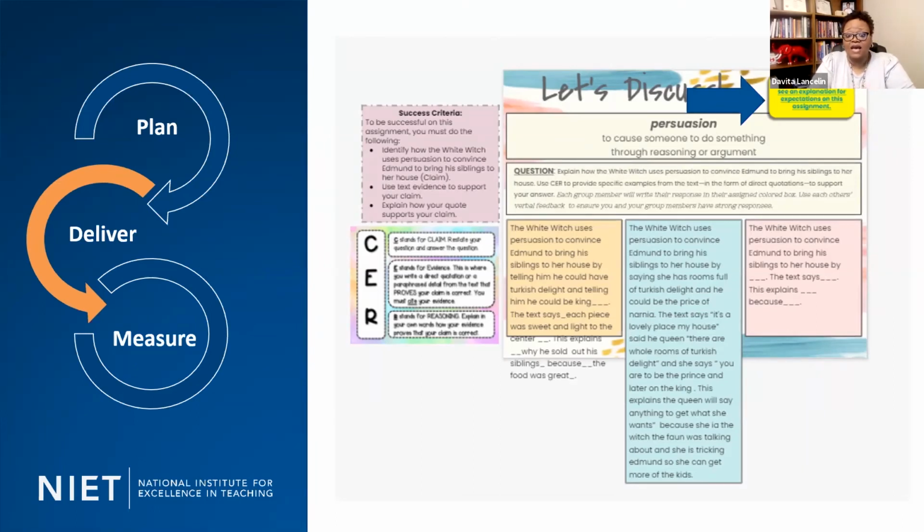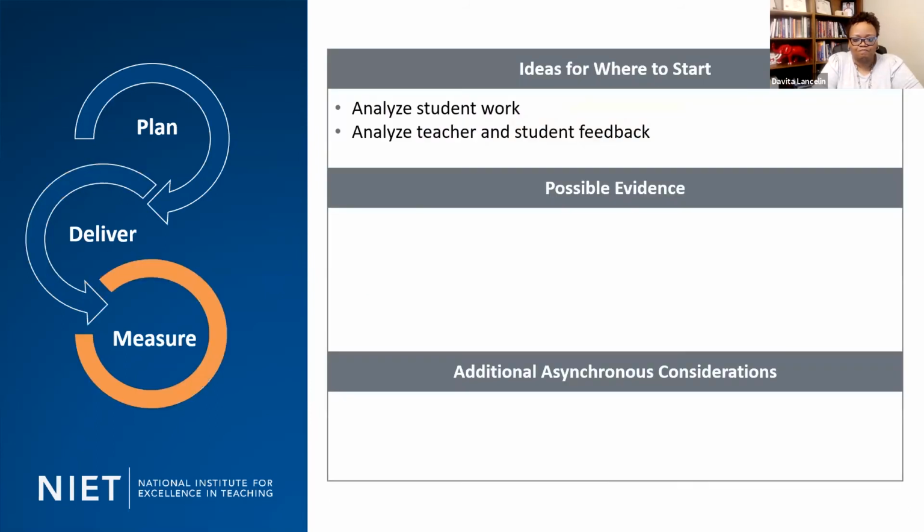Or maybe you notice how the teacher circulates through the breakout rooms to monitor student progress and provide feedback, maybe even through the shared documents, or even just by going in and out of the breakout rooms. Then as the lesson culminates, the observer can continue to analyze the impact of instruction on student learning through the analysis of student work and the quality and level of student and teacher feedback.